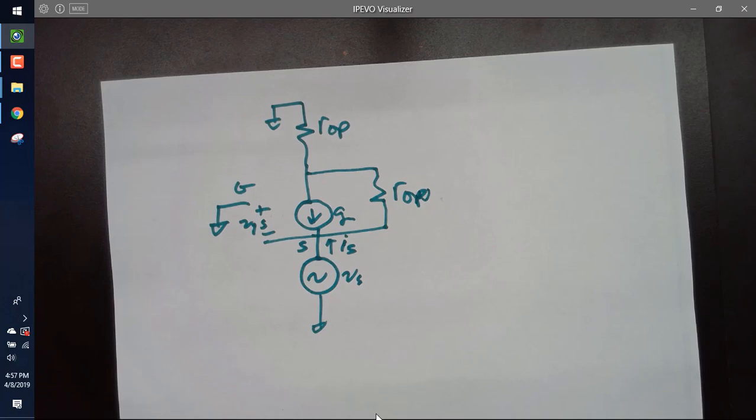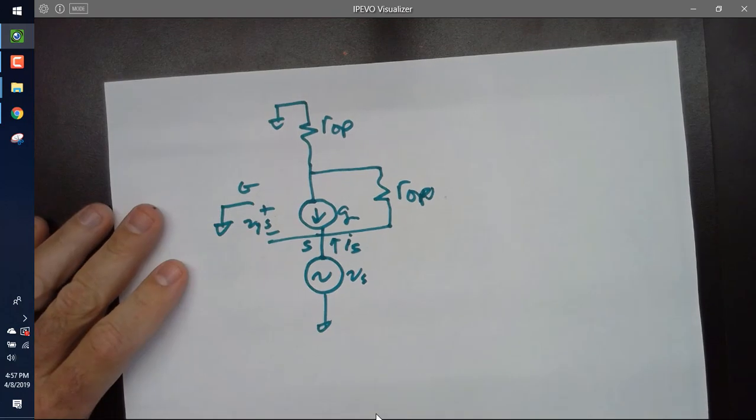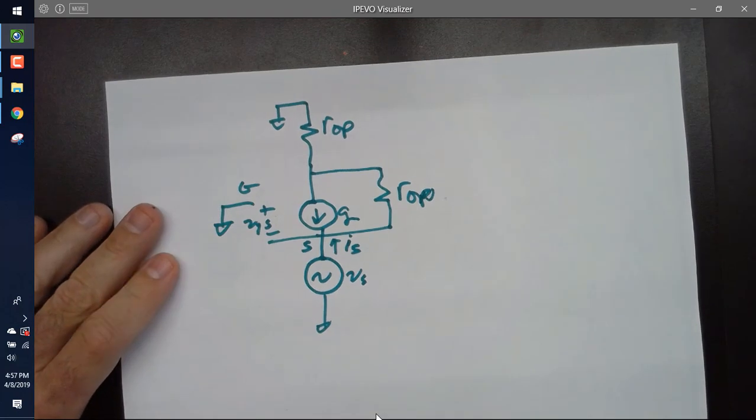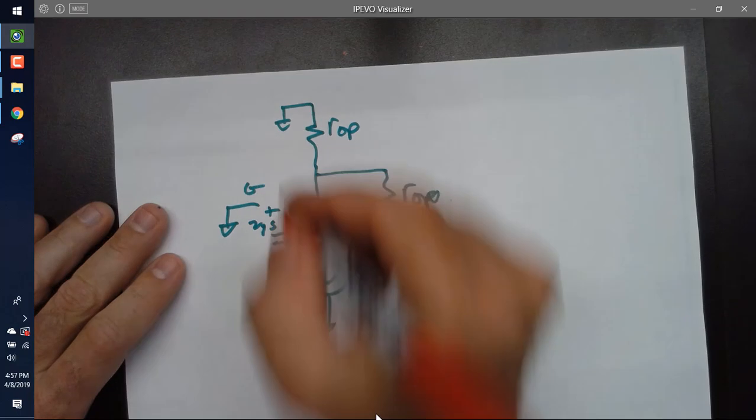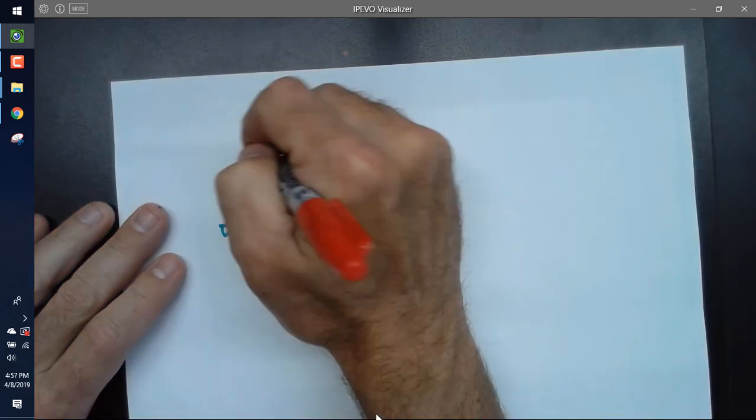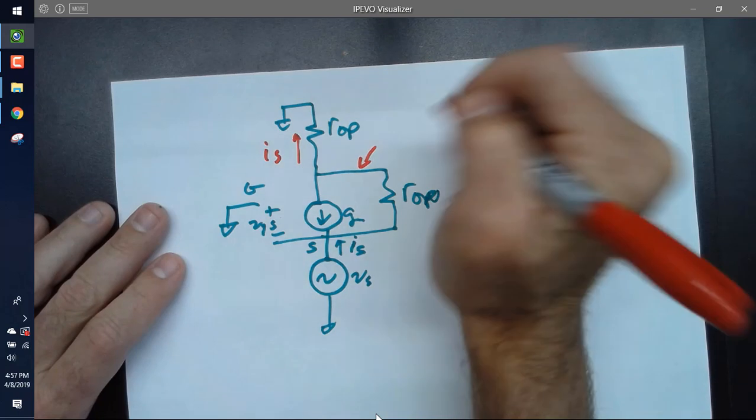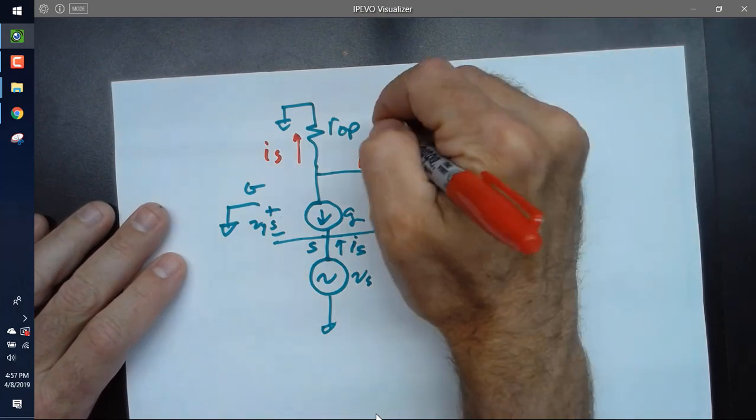I want to minimize the pain in my life. Too late, I took your class. Tell me something I can use to minimize the pain. IS equals VM. Correct. IS, and this voltage is?